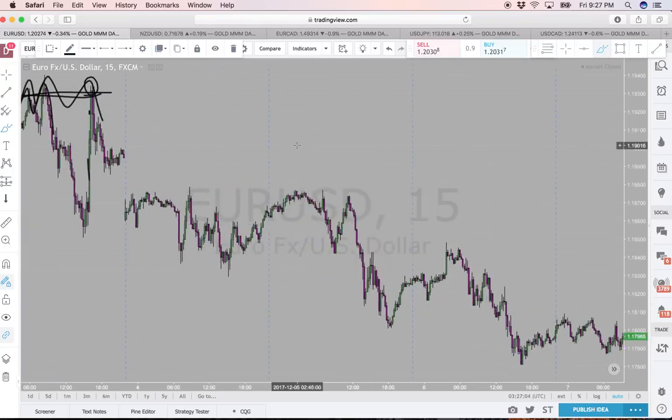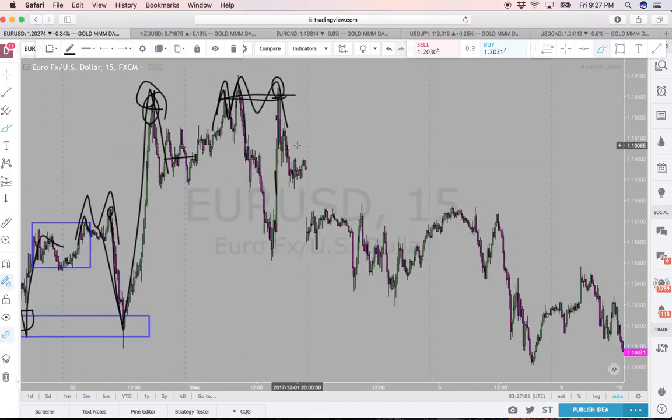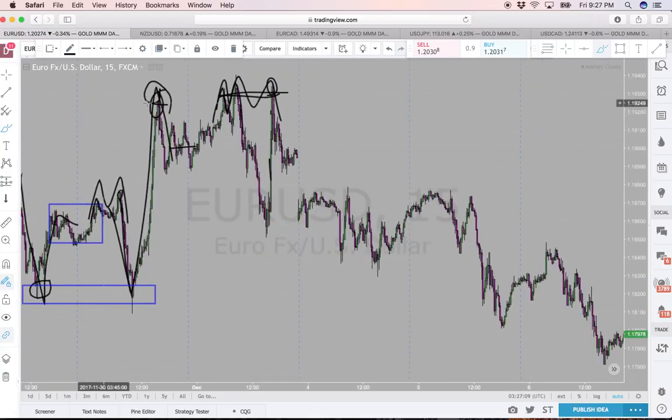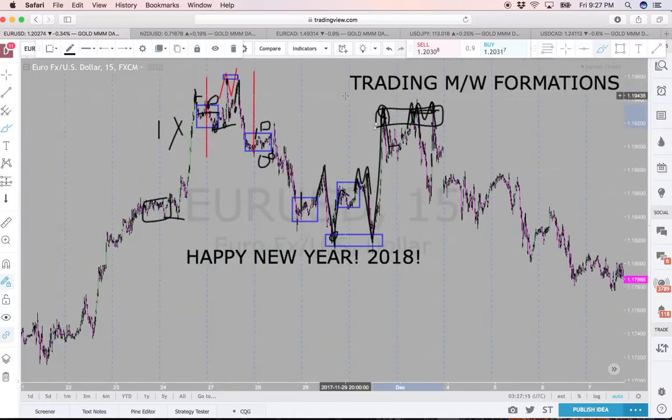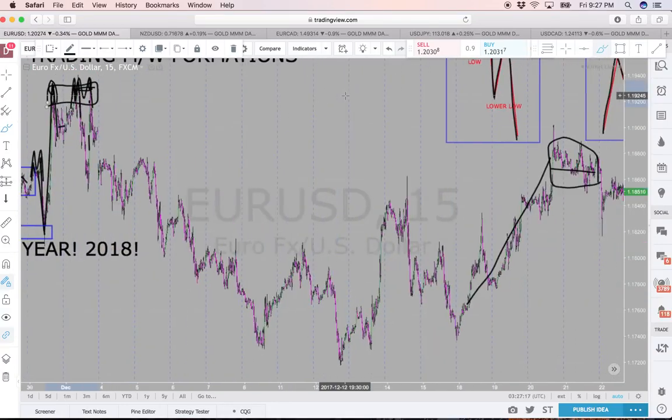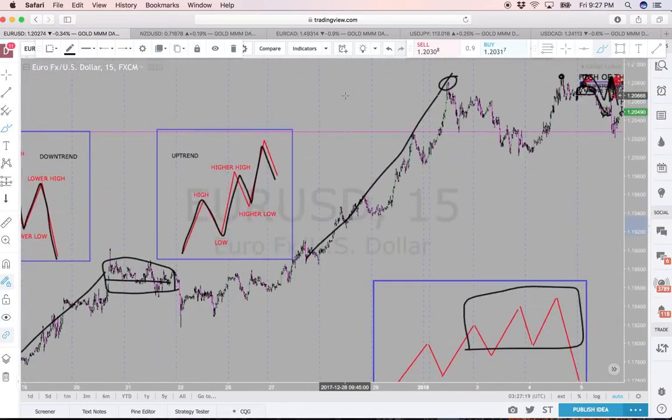So we can see here, Euro created this triple top, but almost a quadruple top. Now, before I start talking about this, I missed something here. I'm sorry.